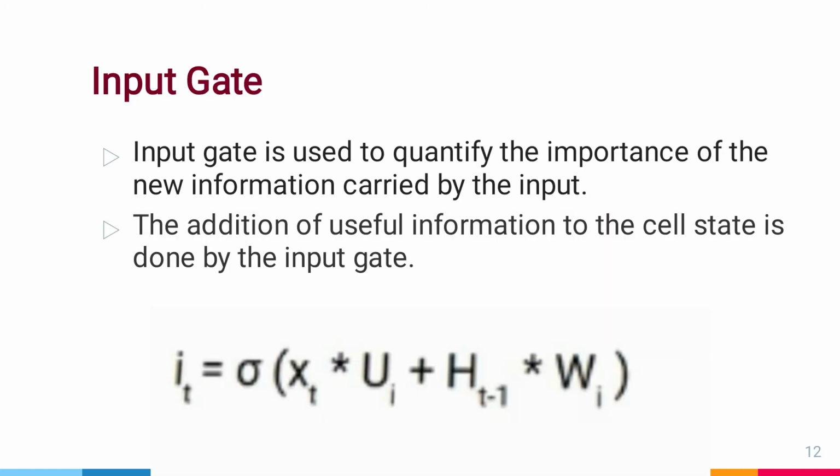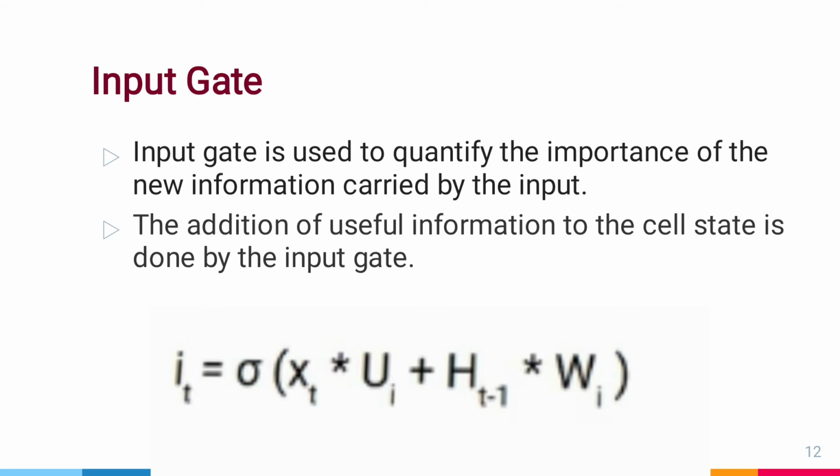The next gate is the input gate. The input gate is used to quantify the importance of the new information carried by the input. The addition of useful information to the cell state is done by the input gate. Here is the equation: i(t) = sigma(x(t) * U_i + h(t-1) * W_i).